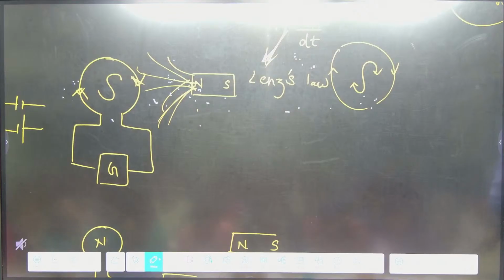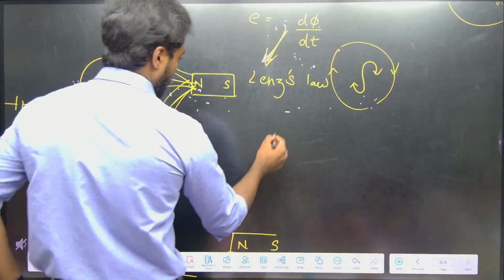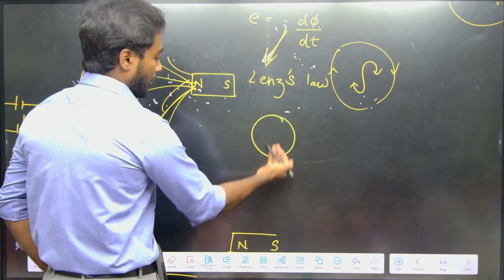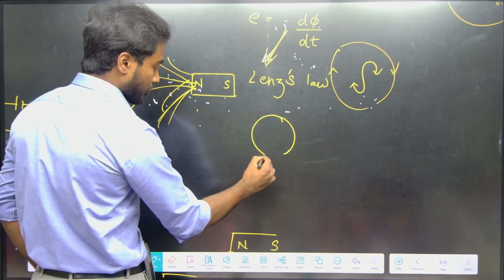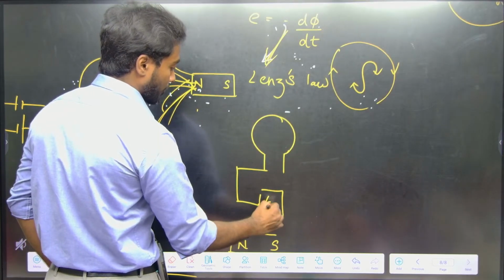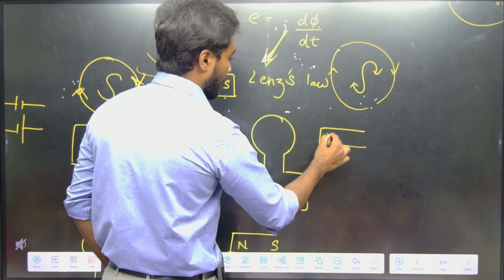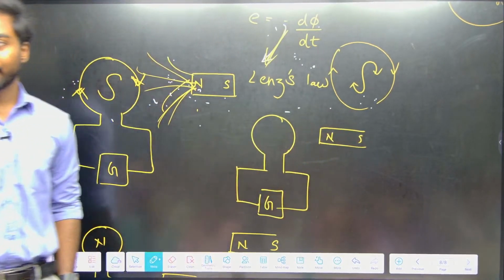Completed. So there is one more condition in this case. If I take the conductor which has been connected with a galvanometer, the magnet is there, either north pole or south pole, whatever it is.